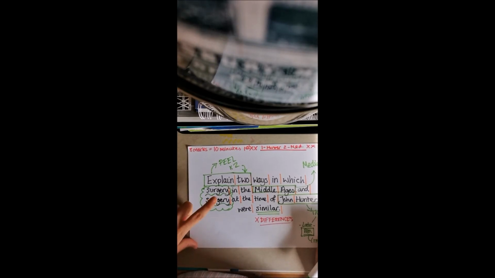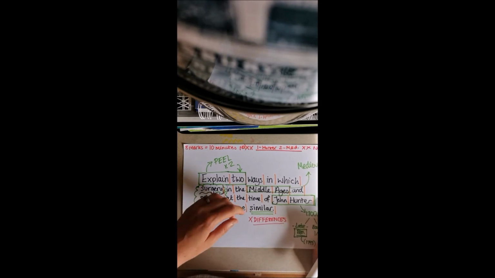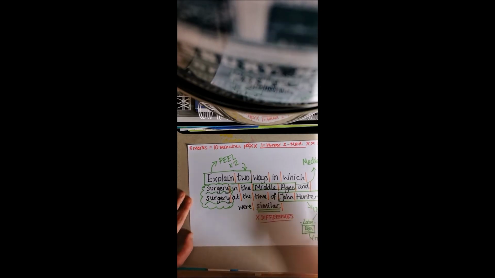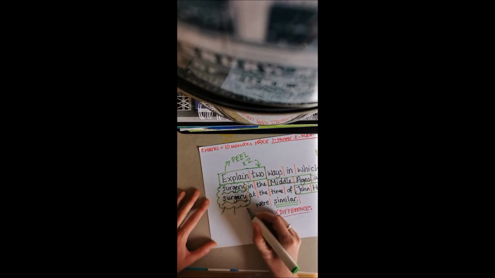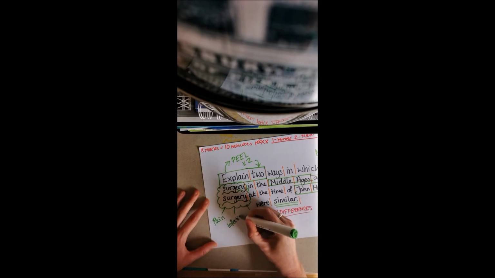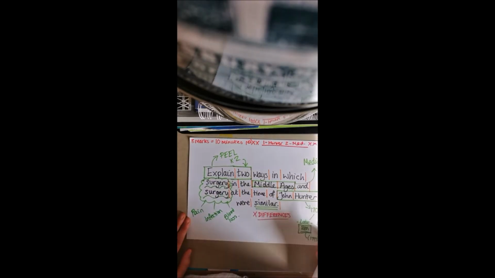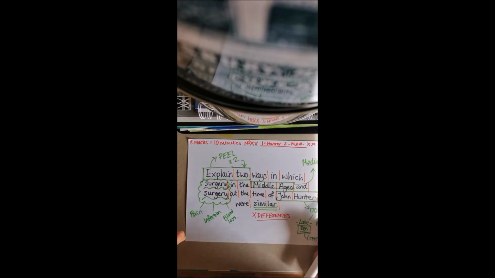And actually, surgery questions are quite useful, because one thing that surgery has in common throughout every single time period, whether you're writing about the year 1066 or the year 2020, is that surgery always has 3 main problems. And they are the problem of pain, the problem of infection, and the problem of blood loss. That is a similarity with surgery that extends throughout the ages.